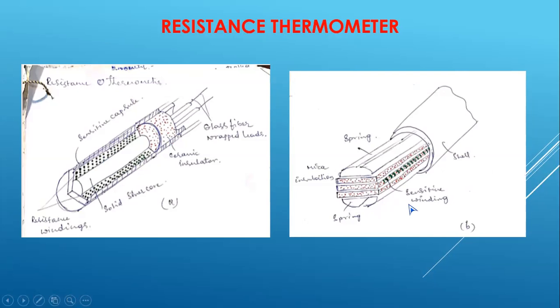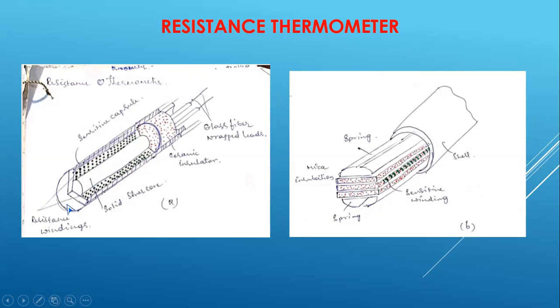All of you have seen mica insulation in an iron box at your house, where the coil is covered with mica sheets. In the same way, here the copper winding is covered with mica insulation sheets, and you have a solid silver core on which you have the sensitive copper winding.